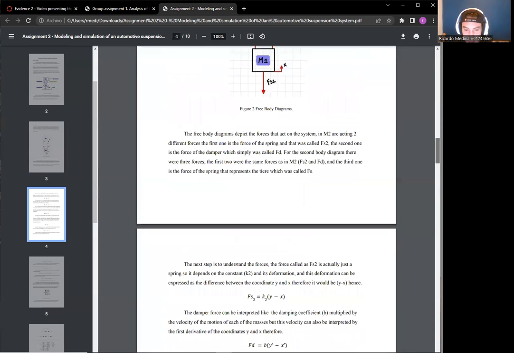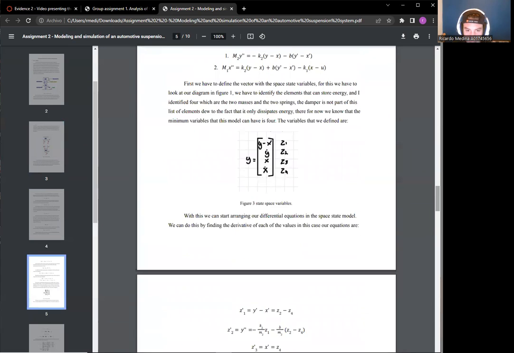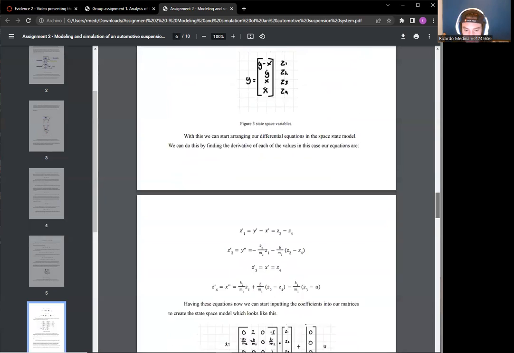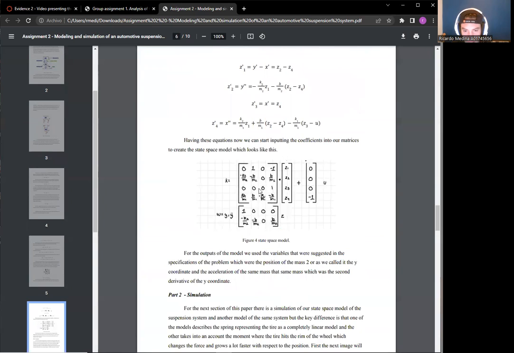With this, we can start making our movement equations, these for M2 and these for M1. Then we choose the state variables, and from them we make our differential equations. Then we can put them into matrices, and here's our state space model.